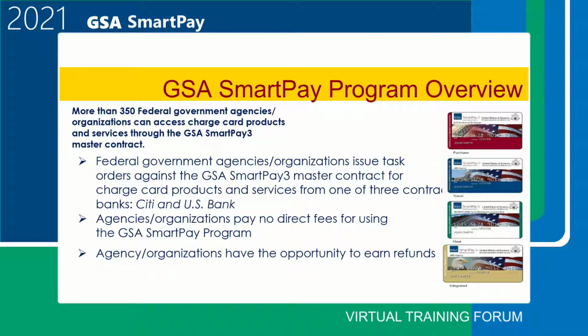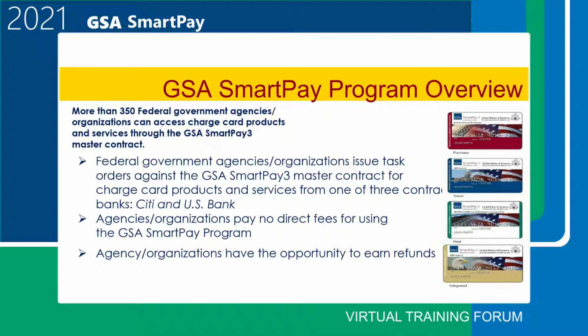Your agency, especially on fleet, it's pretty important to note, would draw up your task order, and you did this a couple years ago for the SmartPay 3 master contract. The master contract sets the minimum standards that the banks have to provide, and then any additional requests you have, you would put in your task order.